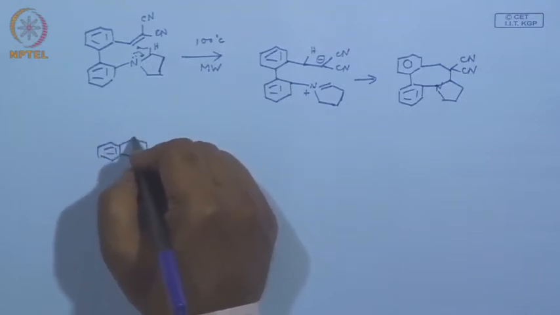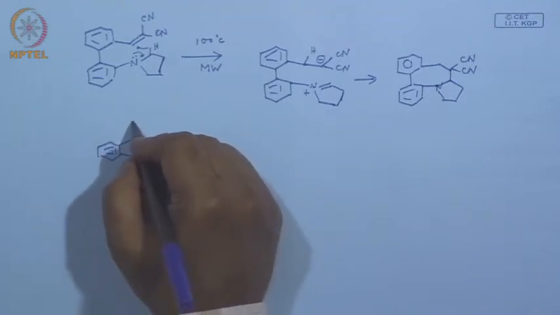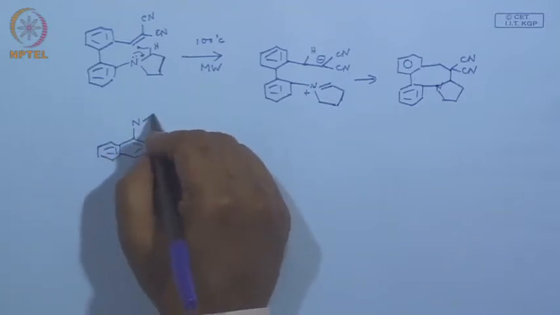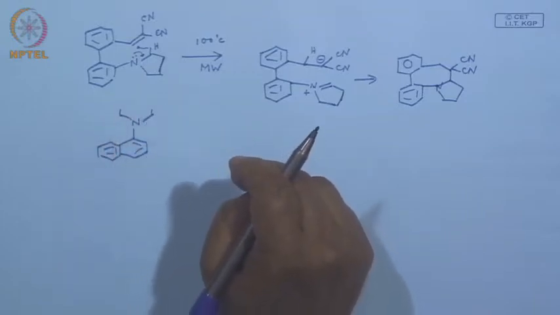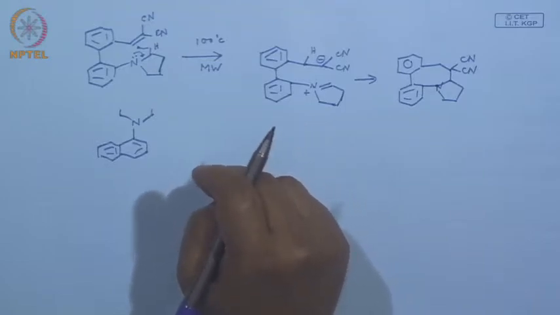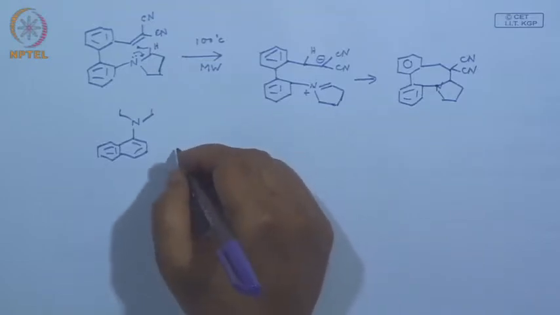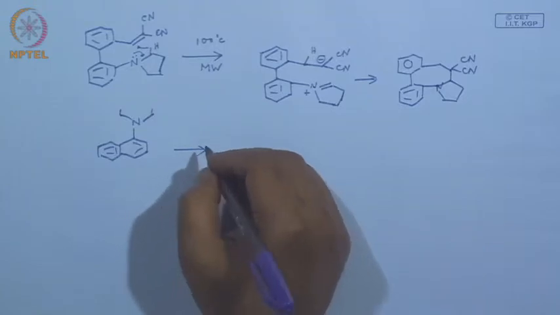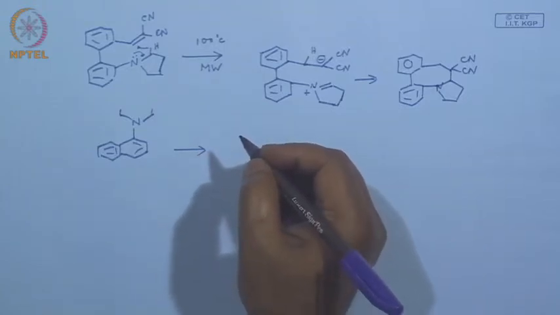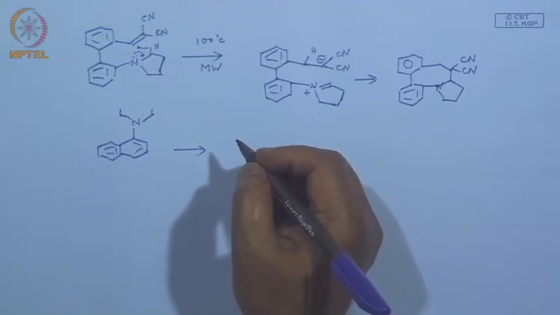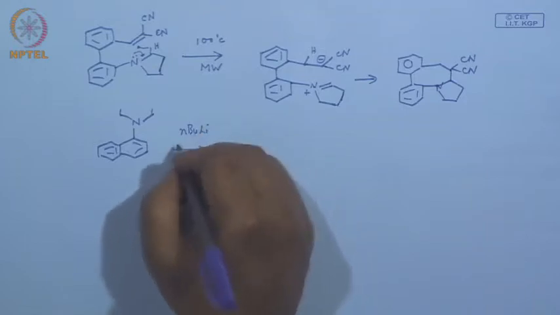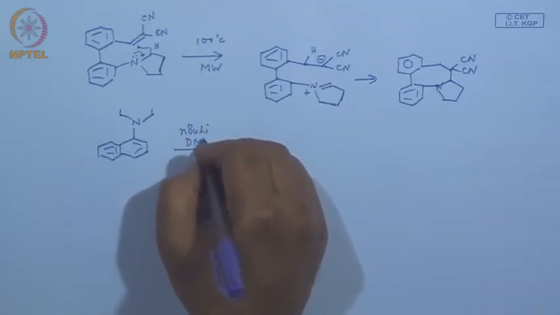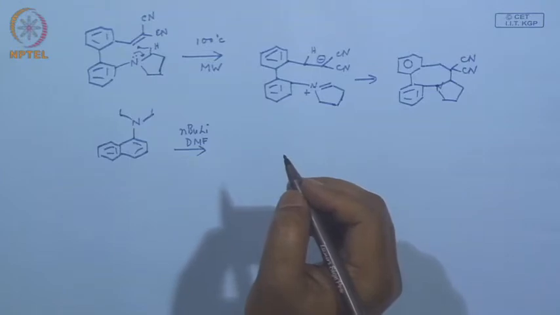You can start with a disubstituted naphthylamine, and then treat this with butyl lithium and DMF. I think all of us know what is going to happen, right?